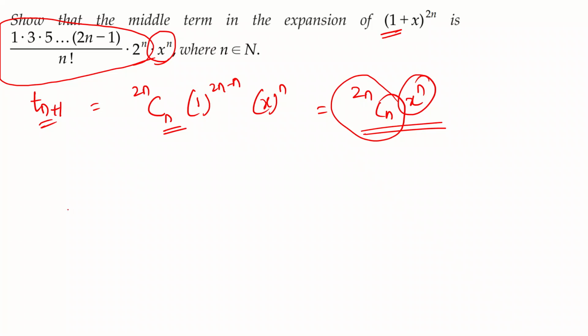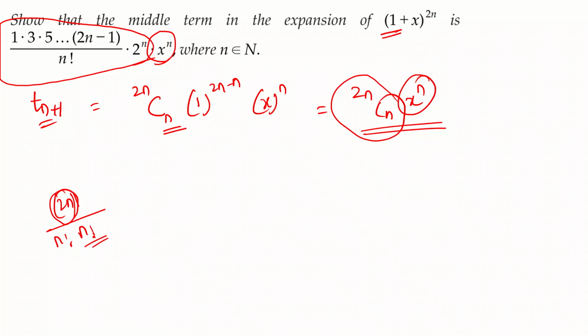Still, if you want, I can give you some hint. 2n Cn is 2n factorial divided by n factorial, because nCr is n factorial by r factorial, n minus r factorial. So it is 2n factorial divided by the leg factorial into head minus leg factorial.